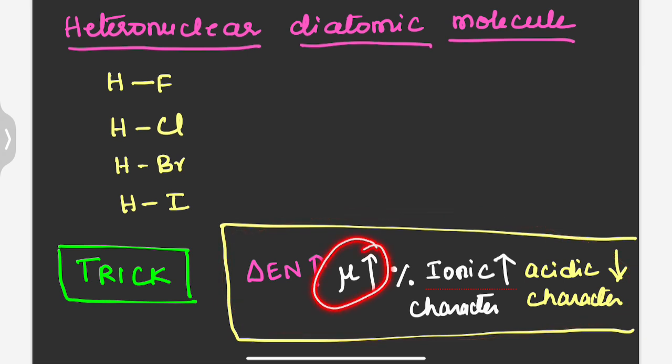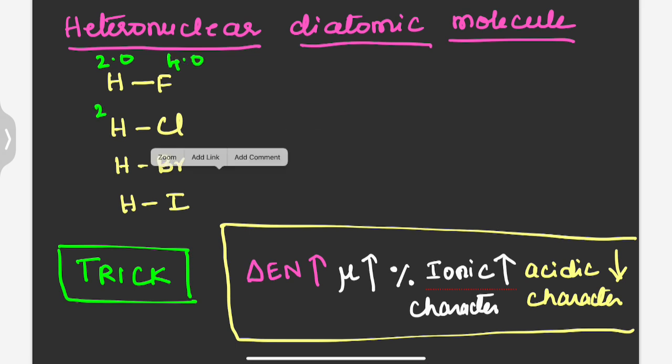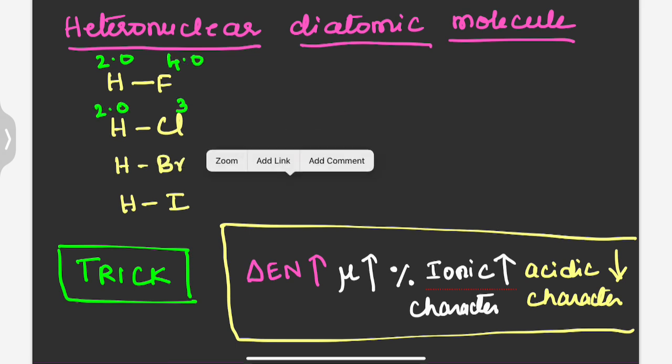First we will find the dipole moment and then we will find their acidic character. So first let us find their dipole moment. Here hydrogen has electronegativity value 2.0 and fluorine will be having 4.0. And here hydrogen 2.0, chlorine will be having 3.0.